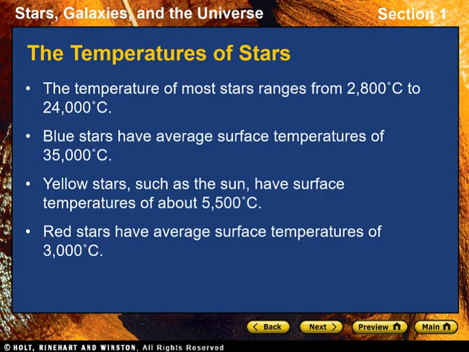Generally, a star that shines with blue light has an average temperature of 35,000 degrees Celsius. However, the surface temperatures of some blue stars are as high as 50,000 degrees Celsius. Red stars are the coolest stars and have average surface temperatures of 3,000 degrees Celsius. Yellow stars, such as the Sun, have surface temperatures of about 5,500 degrees Celsius.